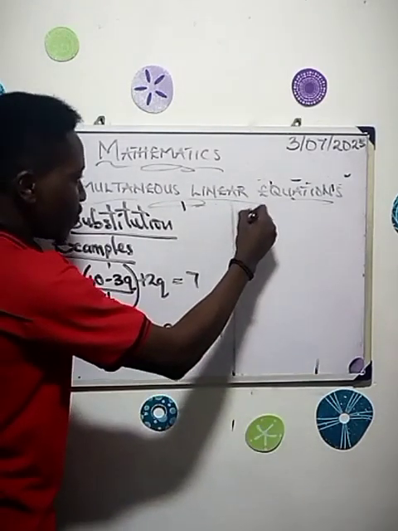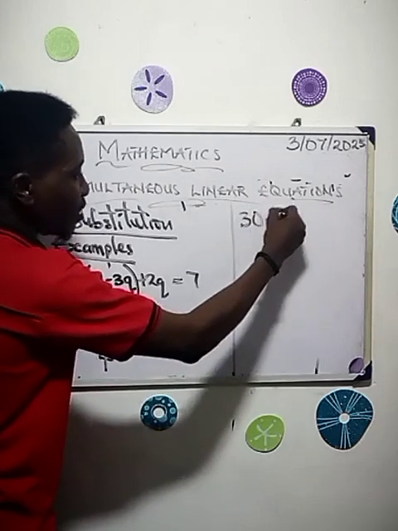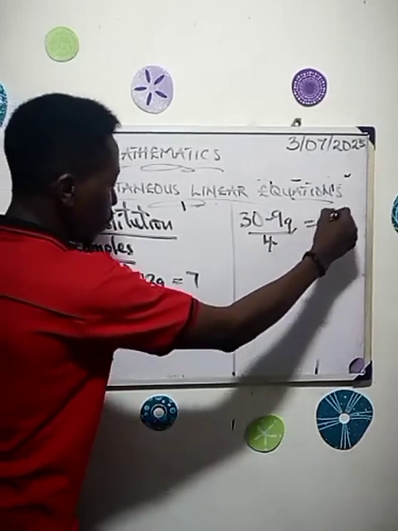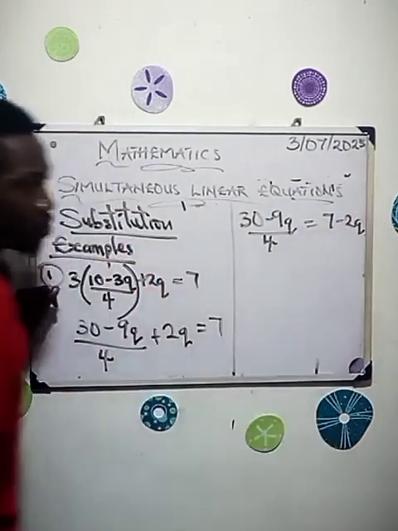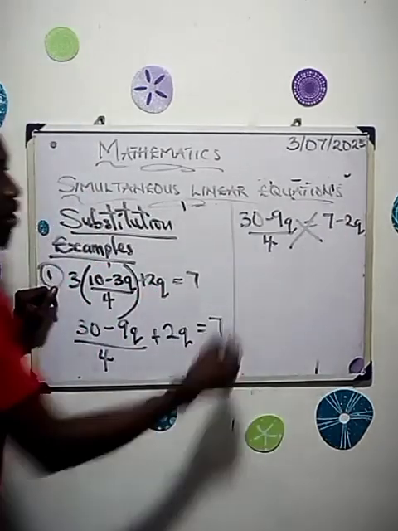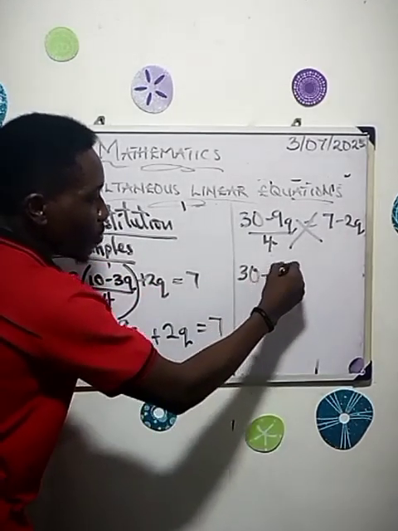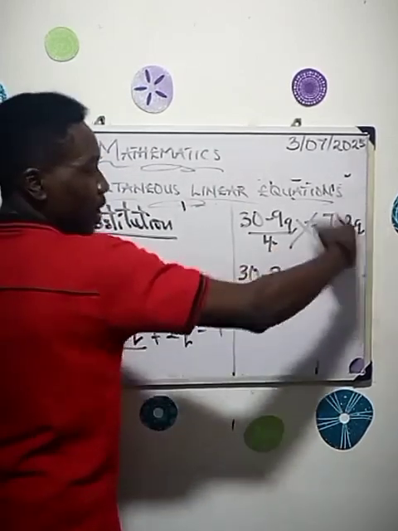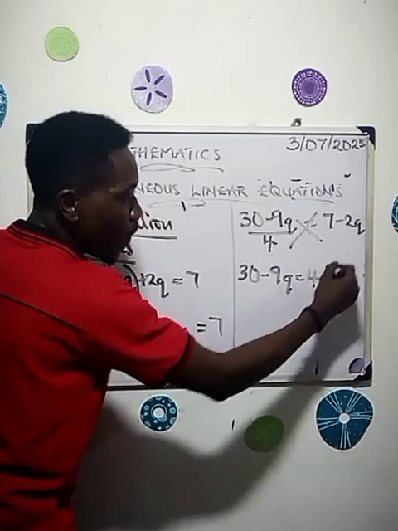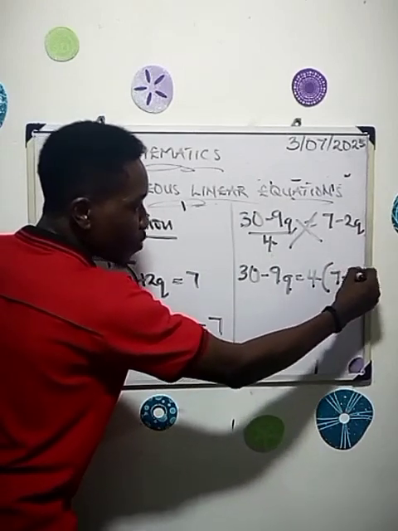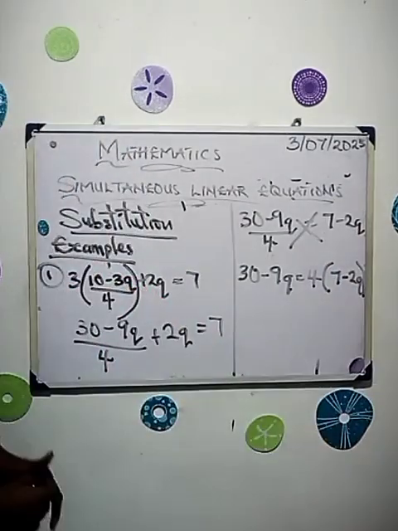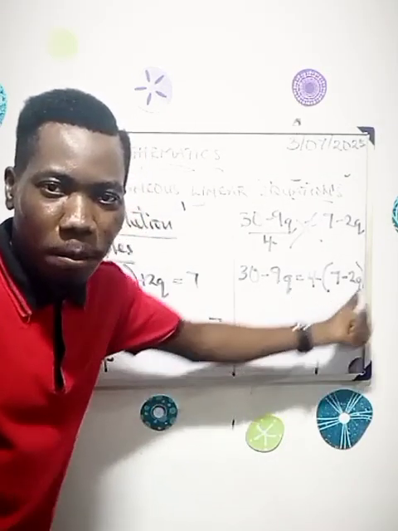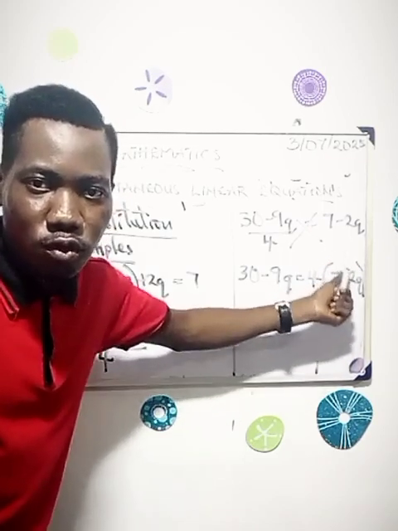So we're going to have 30 minus 9q over 4 equals 7 minus 2q. So cross multiply. At the end of the day, we're going to have 30 minus 9q equals 4 multiplying what we have here, 4 bracket 7 minus 2q.